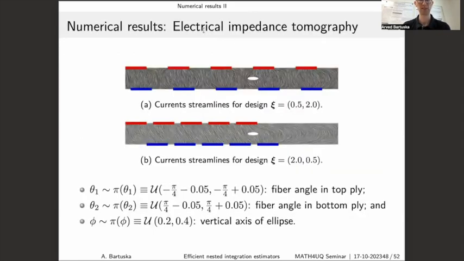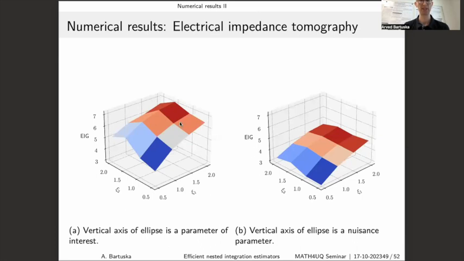Okay, and then for the electrical impedance tomography again, where we want to find the electrode placement. And now the vertical axis of the ellipse is the nuisance parameter. We find that if we recover both the fiber angles and the exclusion, we have a higher expected information gain. And the expected information gain also depends on the shift and the distance between electrodes.